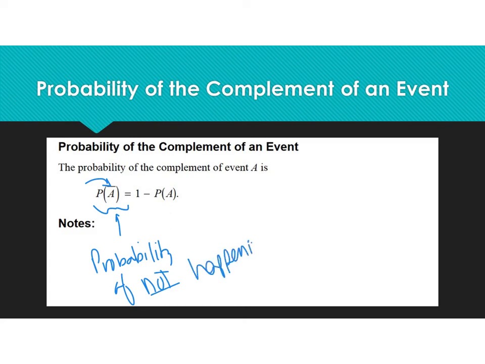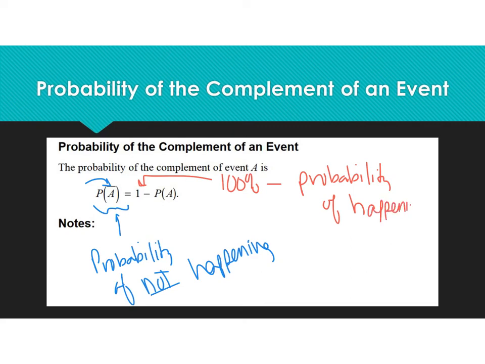And to find that, you're going to take 100% minus the probability of it happening. What you're left with is the probability of it not happening.